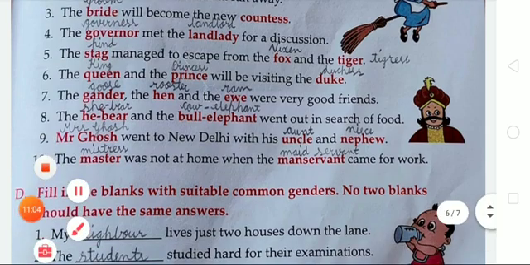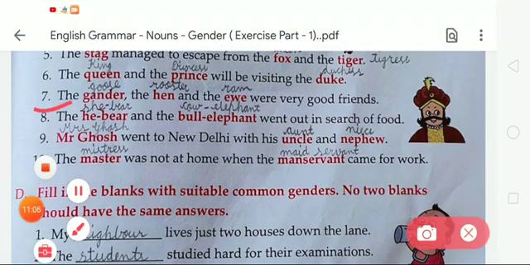Now next is number 8: The he-bear and bull elephant went out in search of food, so we should change the given highlighted words he-bear and bull elephant. Now the next is number 9: Mr. Ghosh went to New Delhi with his uncle and nephew, so we should change the given words Mr. Ghosh, uncle and nephew.